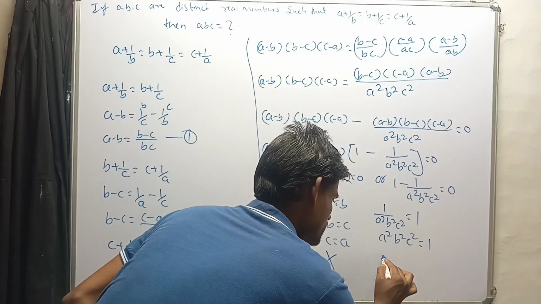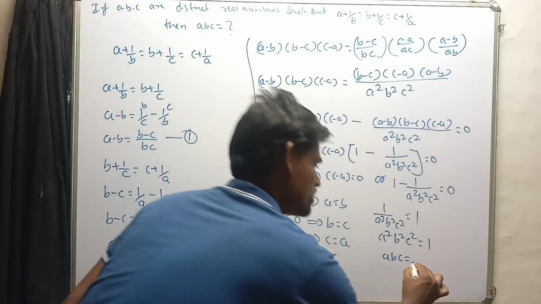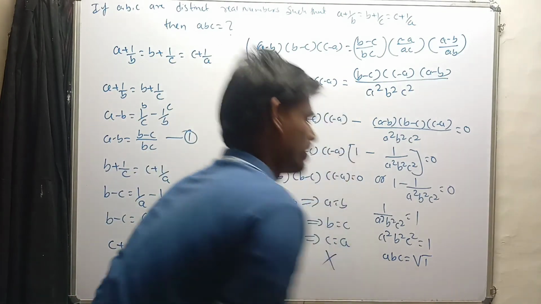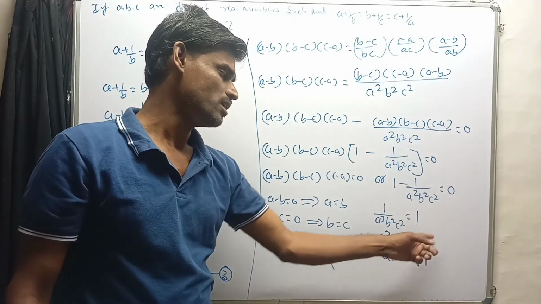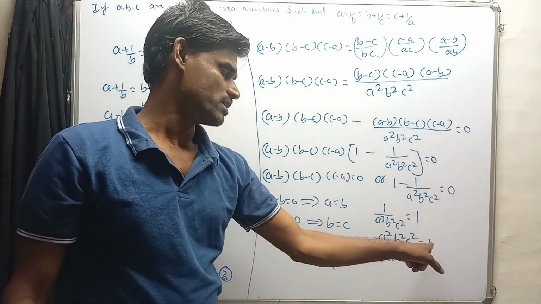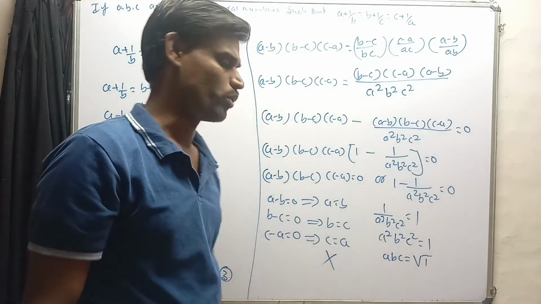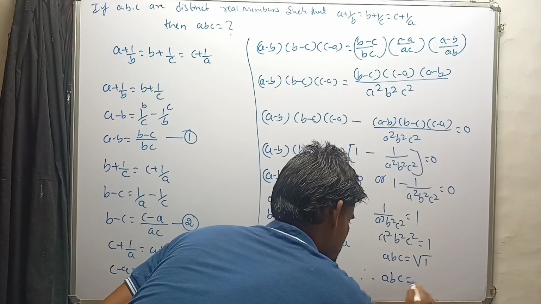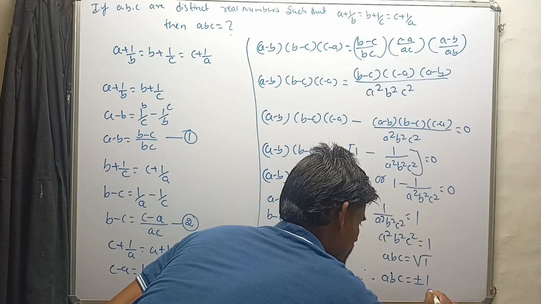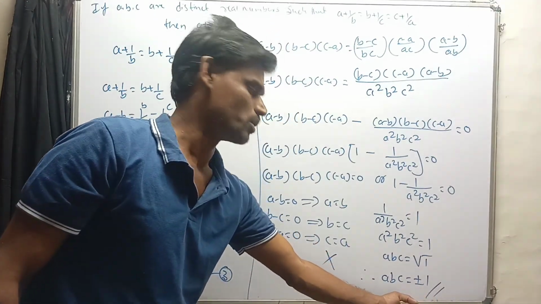Then ABC is equal to square root of 1, that is, A square, B square, C square, square root is ABC. Therefore we can write ABC is equal to plus or minus 1. That is the required solution.